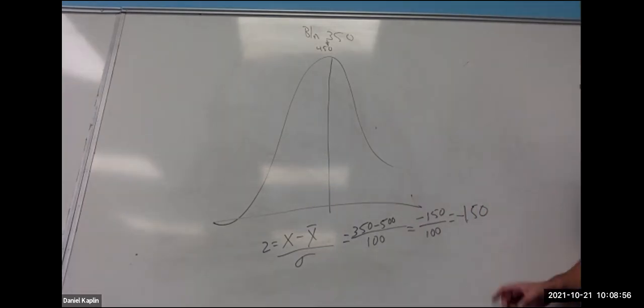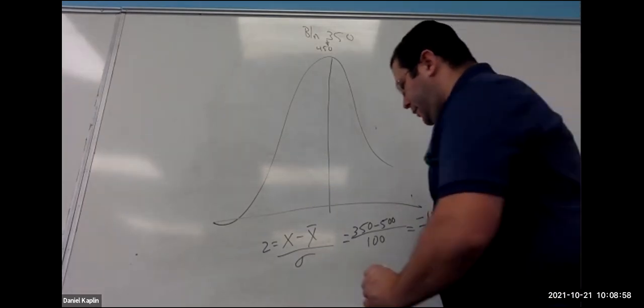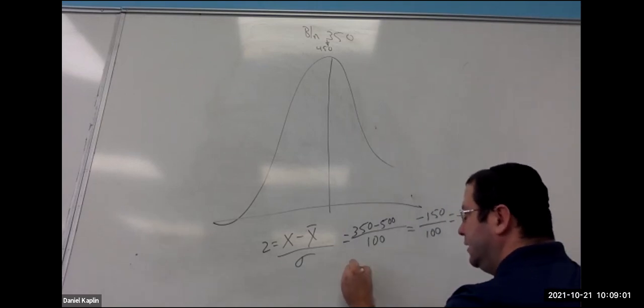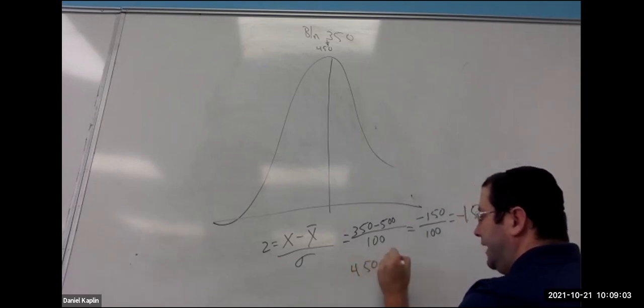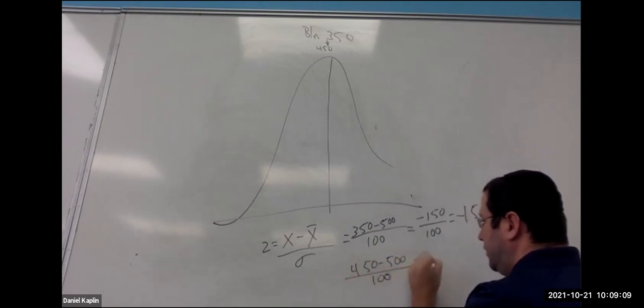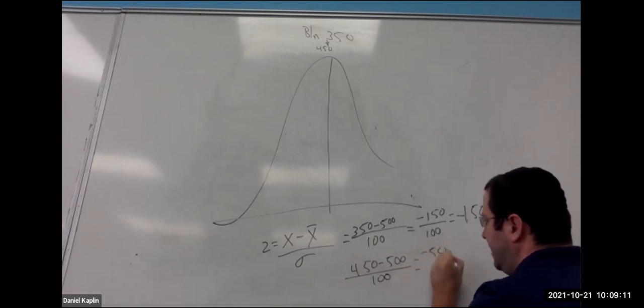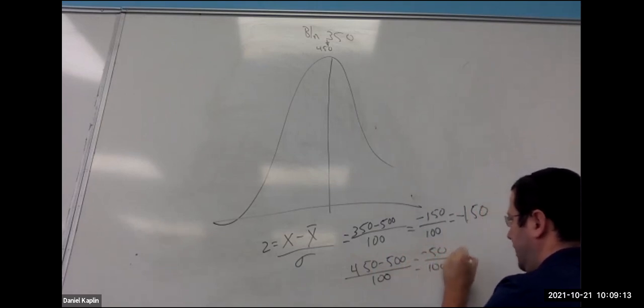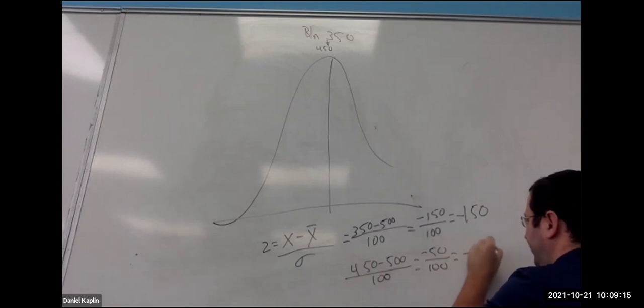That's our first one. The second data point is 450. 450 minus 500 divided by 100 equals negative 50 over 100, or equal to minus 0.50.